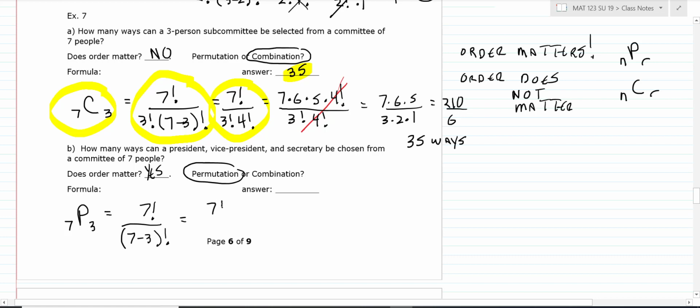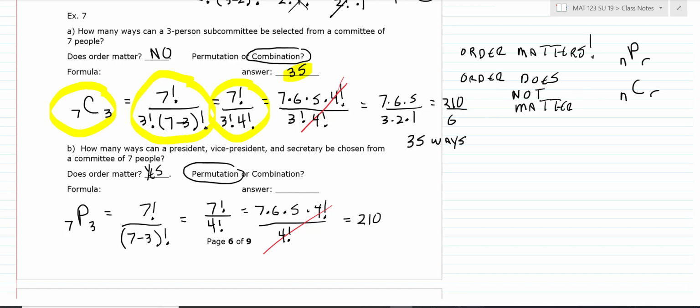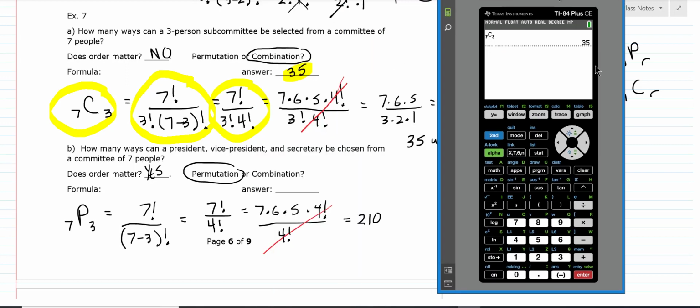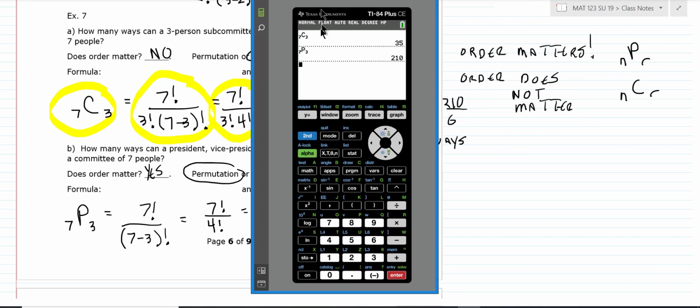So that's 7 factorial over 4 factorial, which is 7 times 6 times 5 times 4 factorial over 4 factorial, and that crosses out. Then on your calculator, that would be 210. You can do that in your head. Let's check and make sure it's right. We'll do 7, math, probability, permutation, and then put in the 3. All right, so that's how you do that.